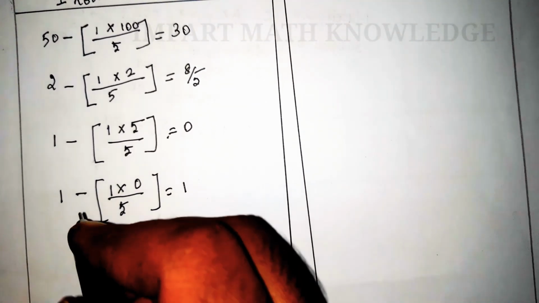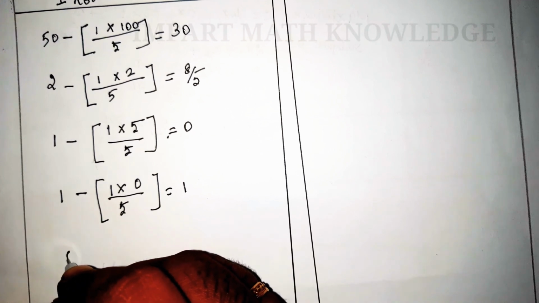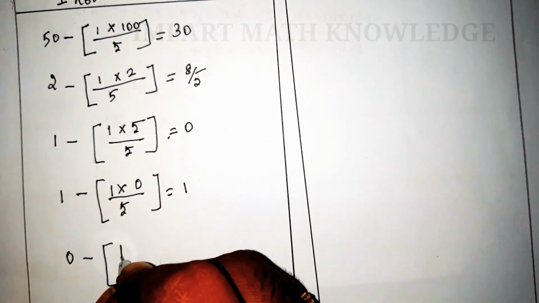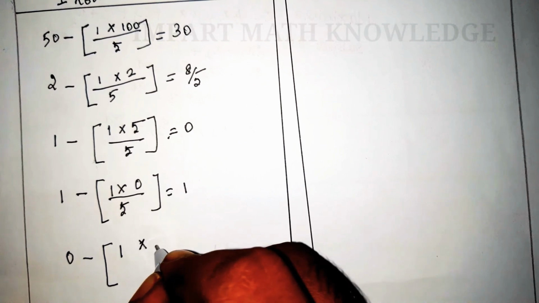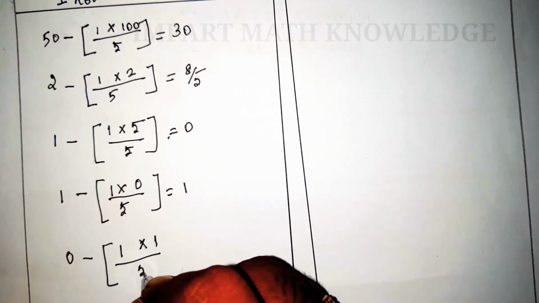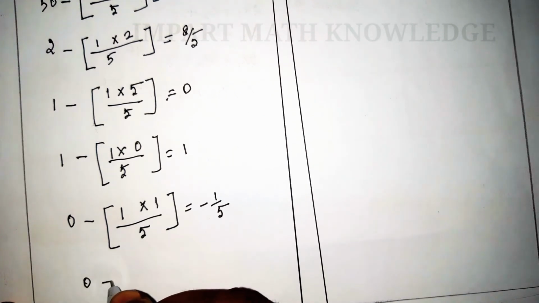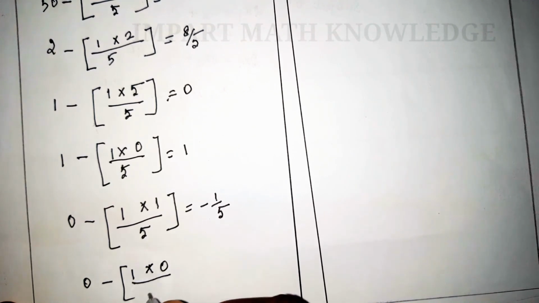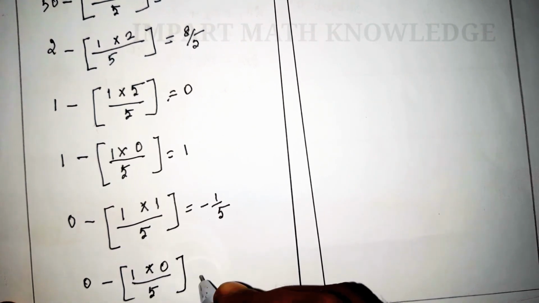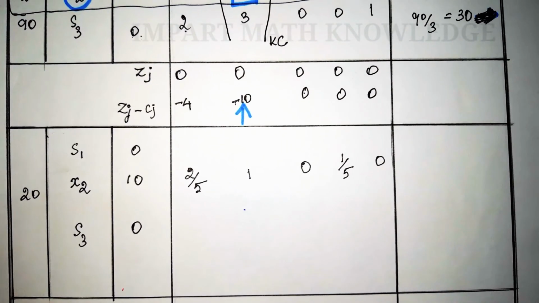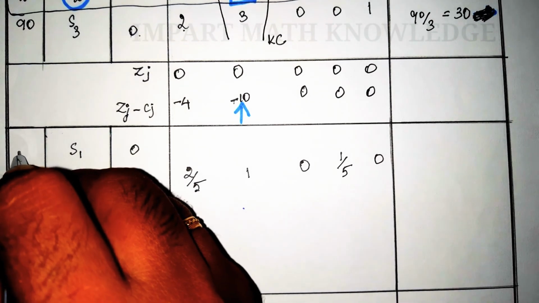The next one is old value minus key column value into key row value divided by key value, that is minus 1 by 5. Now in the first row, the last value is old value minus key column value into key row value divided by key value, so the value is 0. By applying the formula, we are getting the values 30.